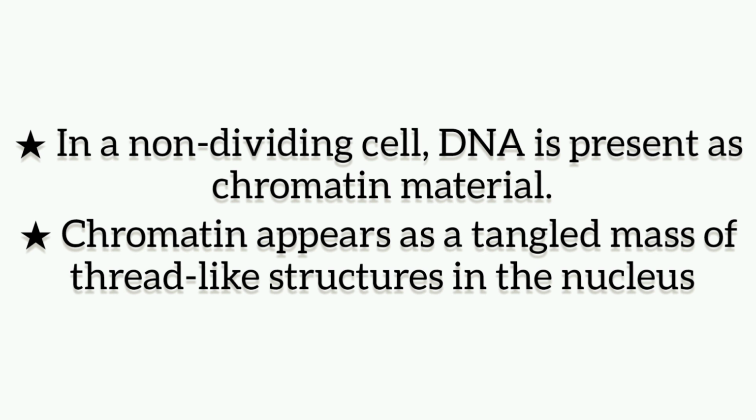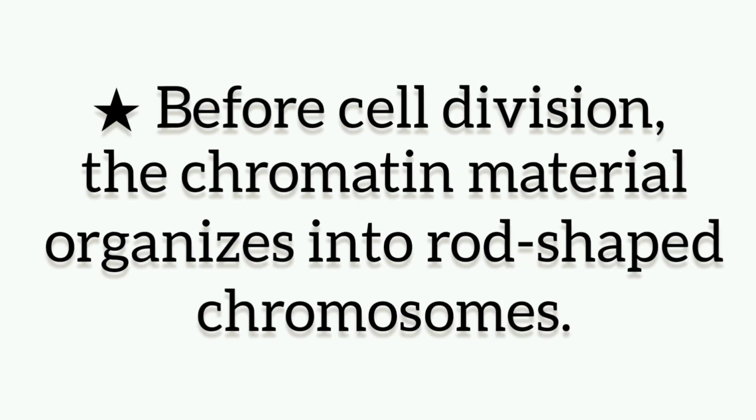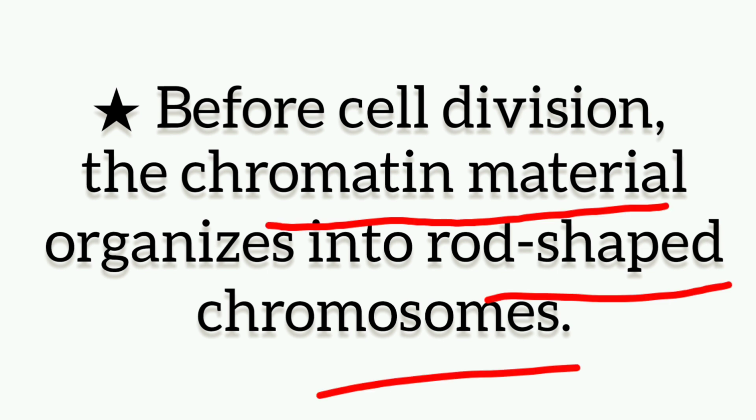Chromosomes are found in a non-dividing cell as a coiled structure called chromatin material. Chromatin appears as a tangled mass of thread-like structures in the nucleus, and just before cell division, the chromatin material organizes into rod-shaped chromosomes.